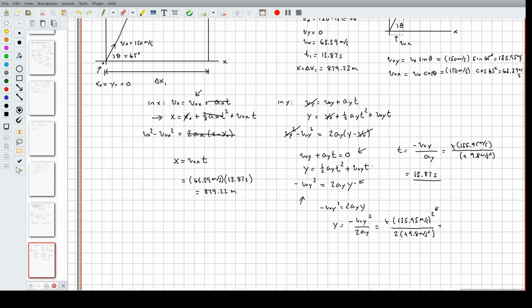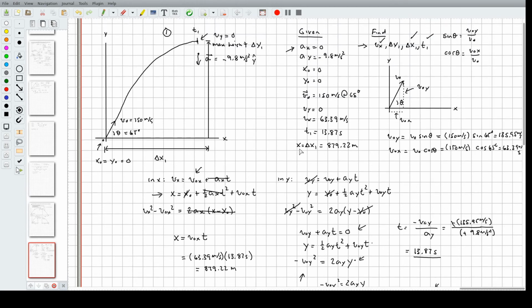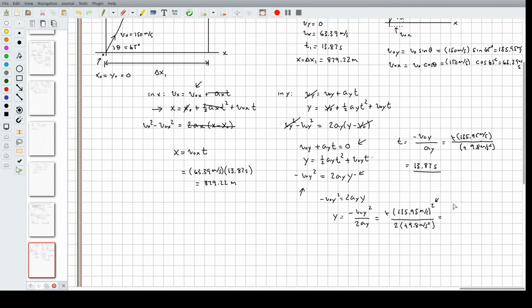The negative signs cancel, giving us a positive y, which makes complete sense based off of our picture here. So if I do this, 135.95 squared divided by 2 times 9.8, 942.98 meters.